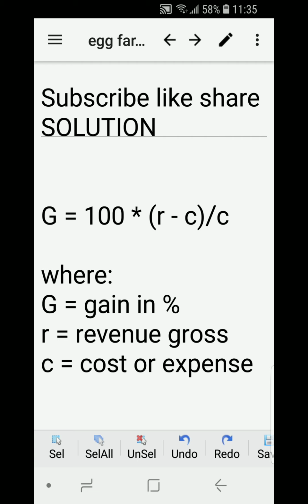Our working formula is G is equal to 100 times R minus C divided by C, where G is the gain in percent, R is the gross revenue, and C is the cost or expense.